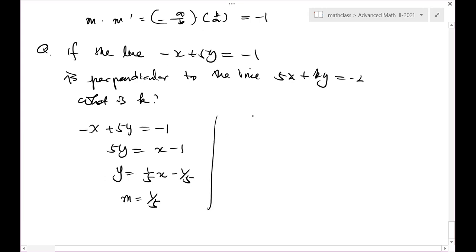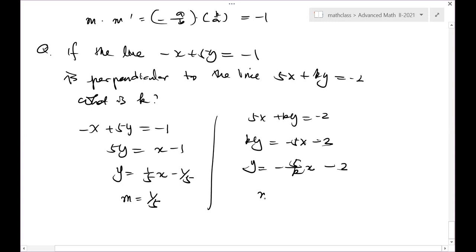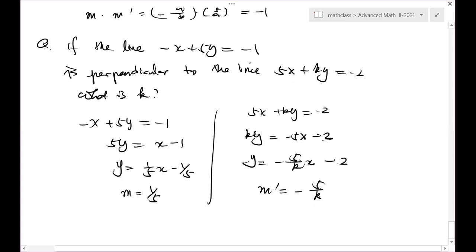On the other hand, I have another line, 5x plus ky equals -2. I have to solve for y and divide both sides by k, so the slope is going to be negative 5 over k.